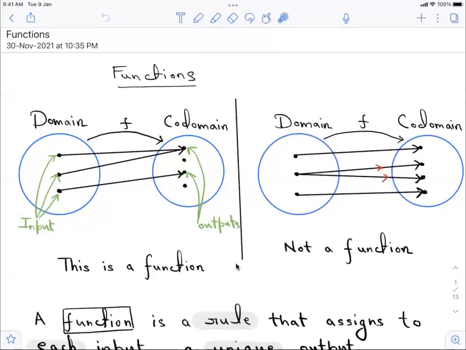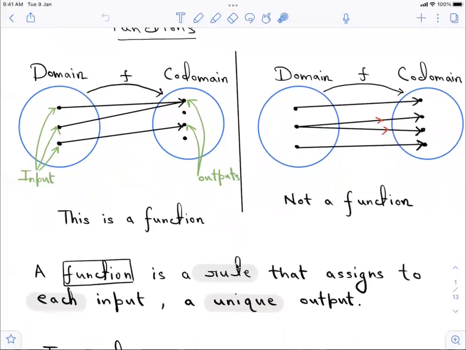Okay. So you have a function, so domain, codomain, and there is this rule. So what is a function? If you recall, it's a rule. So there are three things to note in this definition. So first of all, what is the definition? It's a rule that assigns to each input a unique output.